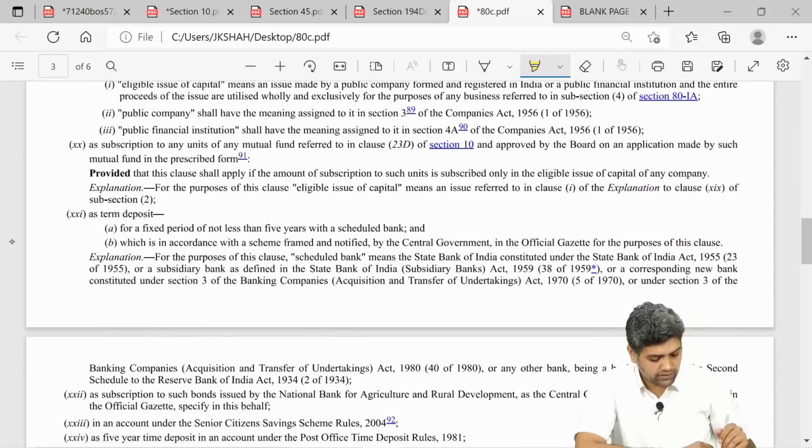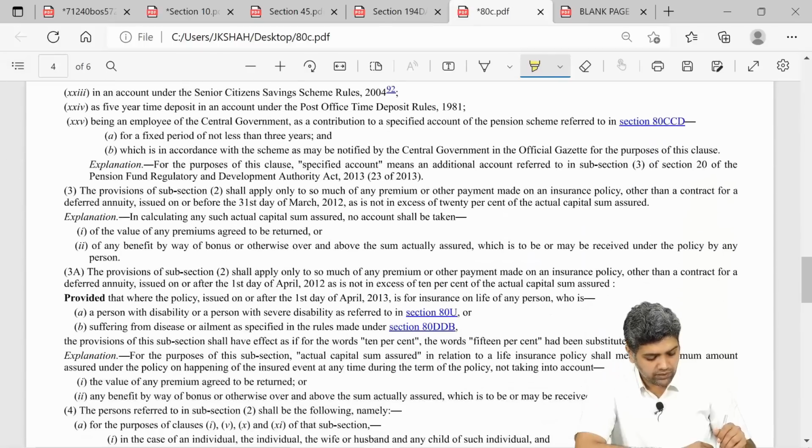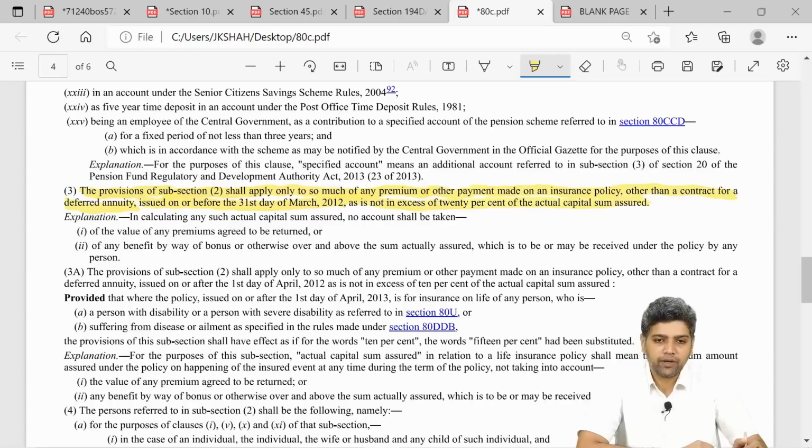If you look at the condition given in subsection 3 of 80C, it says the provisions of subsection 2 shall apply only to so much of premium or other payment made on an insurance policy, other than a contract of deferred annuity, issued on or before 2012, as does not exceed 20% of actual capital sum assured.